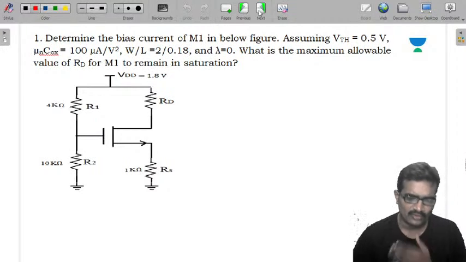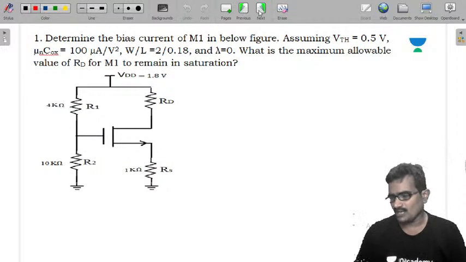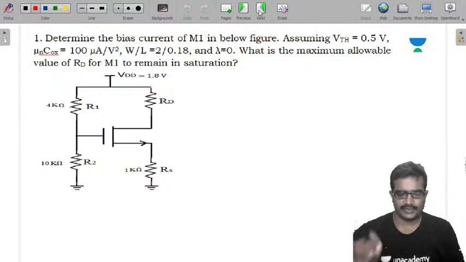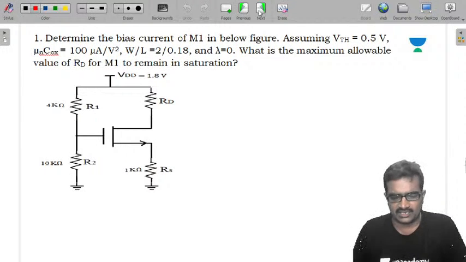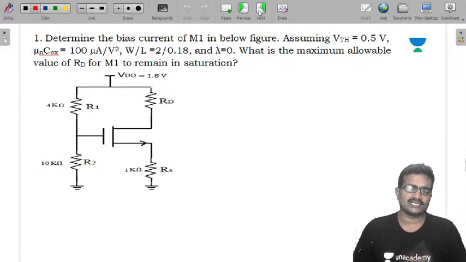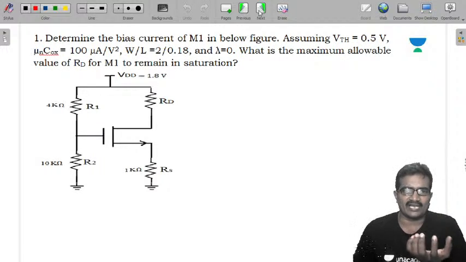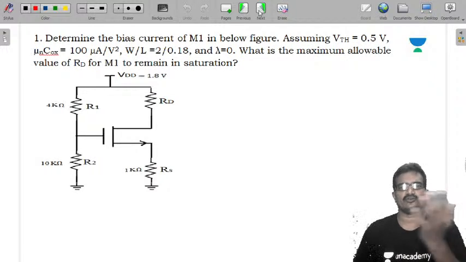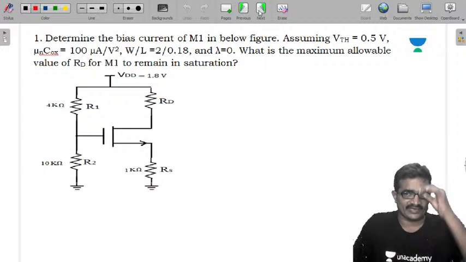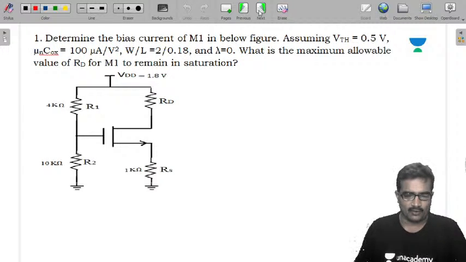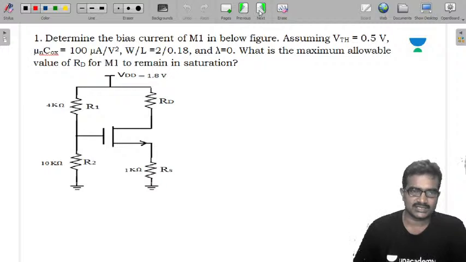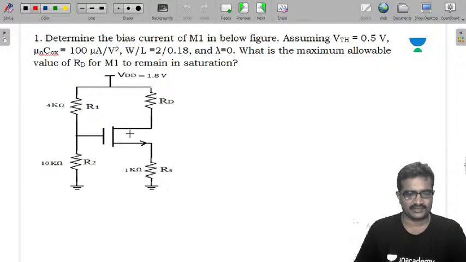Sir, before going to amplifier analysis, I am going to do 2 or 3 problems on biasing, because the analysis we use in biasing is also going to be used in amplifiers. So this is a self bias circuit, sorry, voltage divider bias circuit.